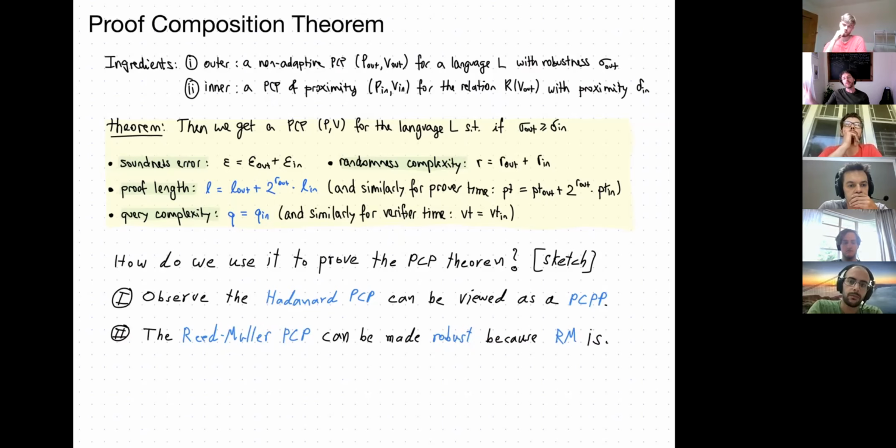Because we said that if the entire cube is far from being a low degree polynomial, then each local view, each line, would be far from being a low degree polynomial as a univariate polynomial. So in some sense, what does the Reed-Muller PCP consist of? It consists of the low degree extension of an accepting assignment. So this is a proper encoding in the Reed-Muller code.